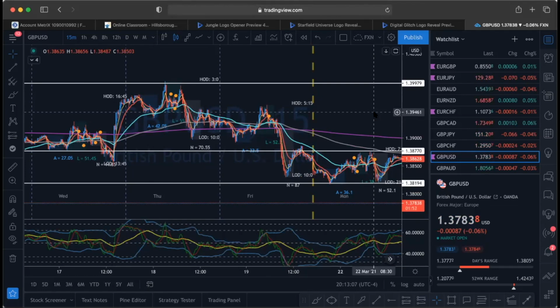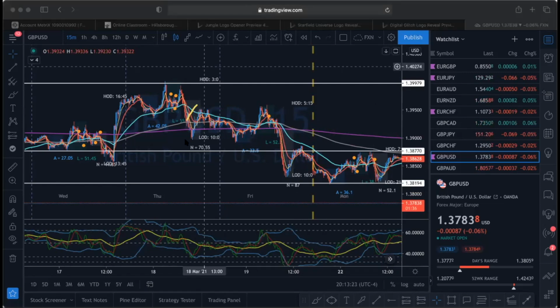Unless it's news induced or something like that, then it'll be something different. But most of the time, you're looking for those reversal trades that are in the U.S. session. So trades like this, for example, those will get you about 20 pips or so.